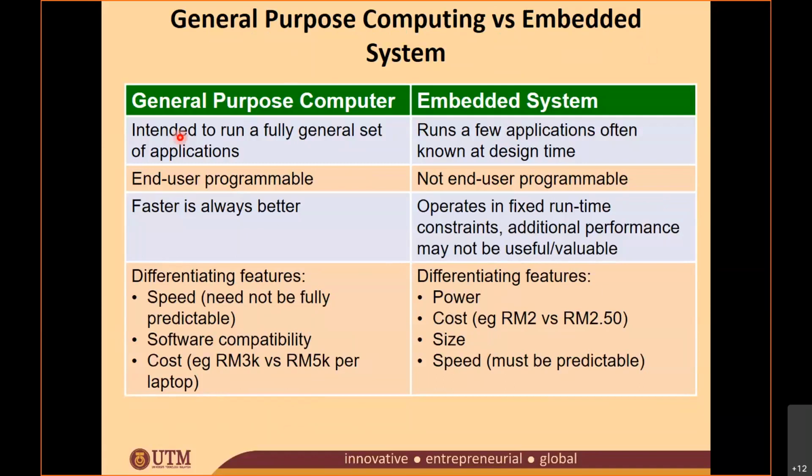So for the computer, it is intended to run a fully general set of application. Kamu boleh guna banyak application di dalam sesebuah komputer. But for the embedded system, it only run a few applications often known at the design time.